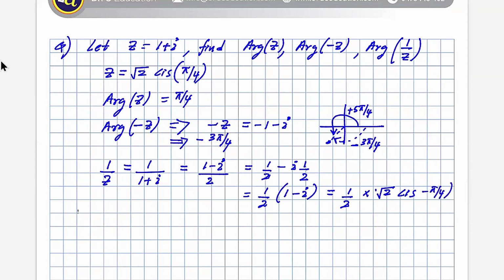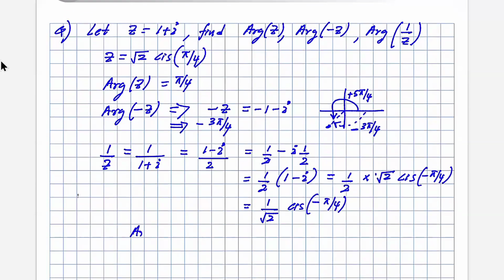My calculation is right. So this is going to be 1 divided by square root 2 cis minus pi divided by 4. Check my calculation. Then arg is going to be minus pi divided by 4. All good, my friend? That's how you do it.